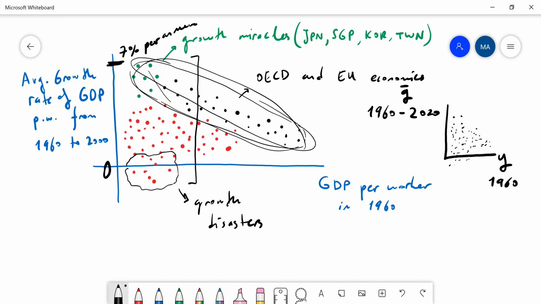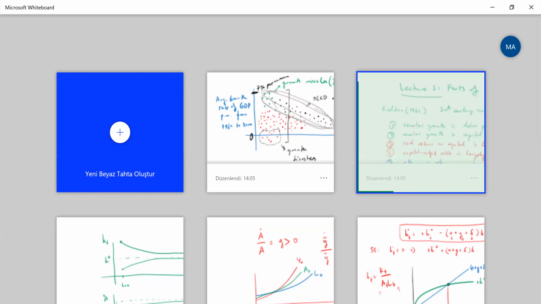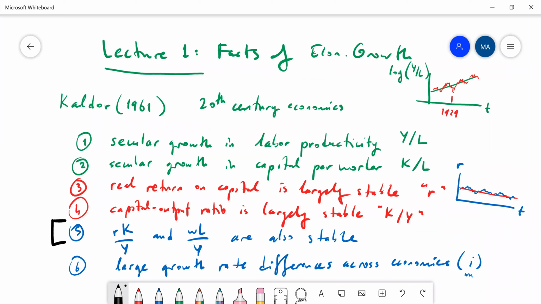And by the way, let me also emphasize one thing. Especially the fifth one, the stable income shares, this was not really so stable after the 1980s.